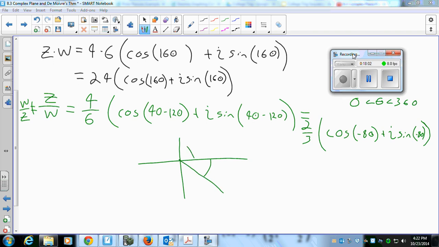So if I want the actual positive angle, and this is negative 80, it's going to be 360 minus 80 degrees, which is going to be 280 degrees. So a better solution is 2/3 cosine of 280 degrees plus the imaginary sine of 280 degrees.